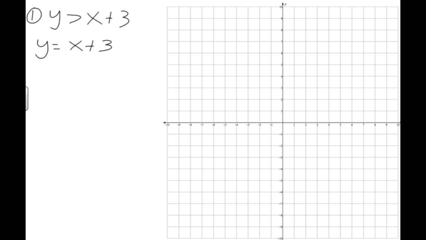We're going to graph this. So I'm going to graph y equals x plus 3. Where y is 3 when x is 0 is where I start from, and I'm going to have a slope of 1. So I plot all of the points, and it is strictly greater than, so I'm going to keep a dashed line, not a solid line.